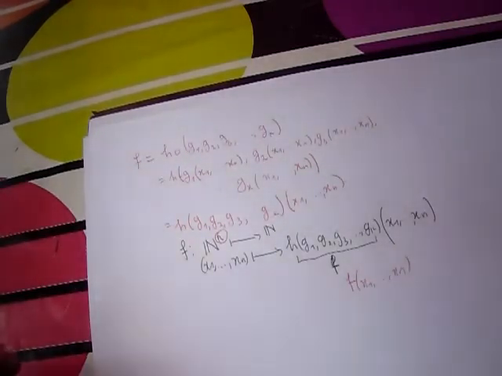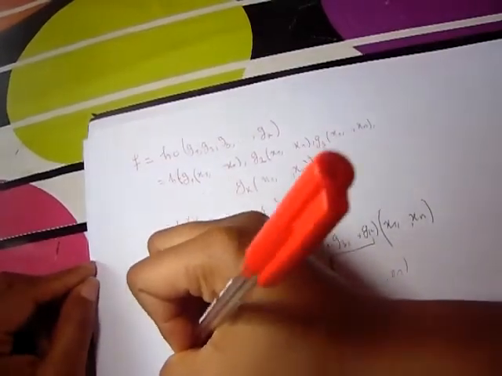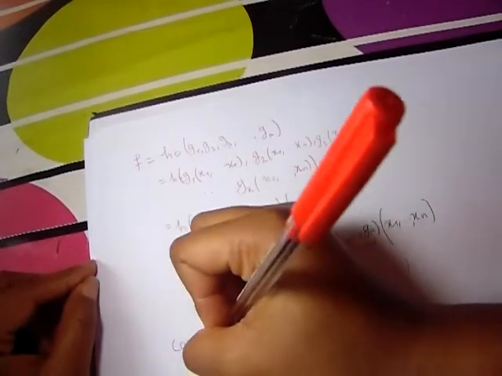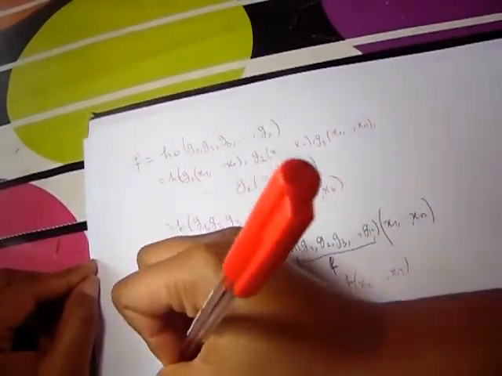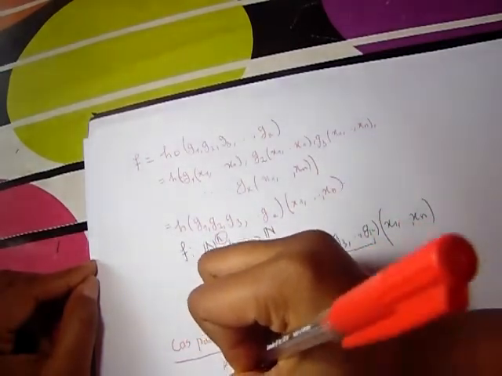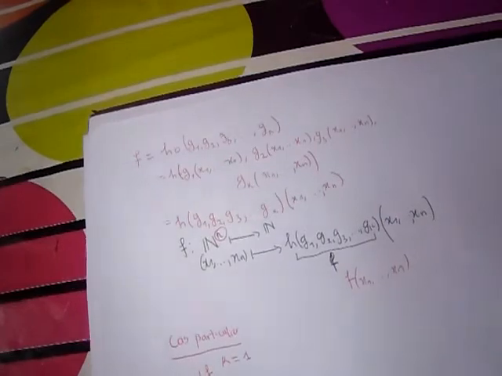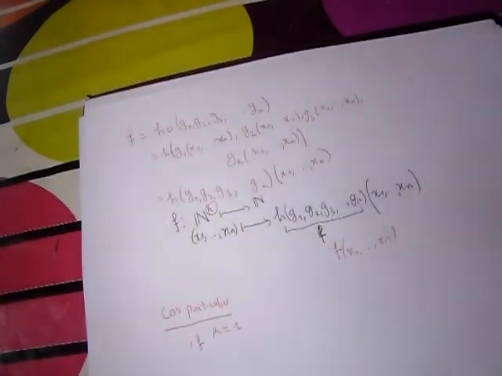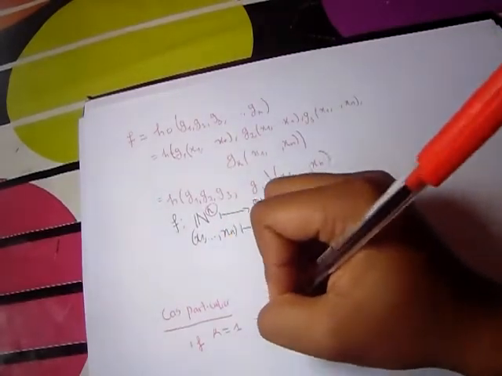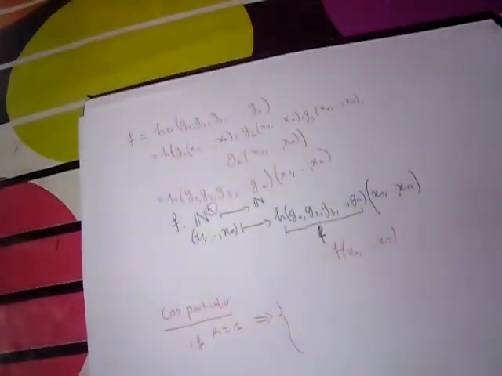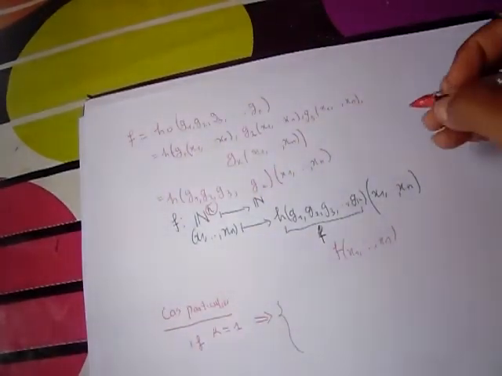That's the cas particulier. K is equal to 1. If k is equal to 1, what does that mean? Just write it here.